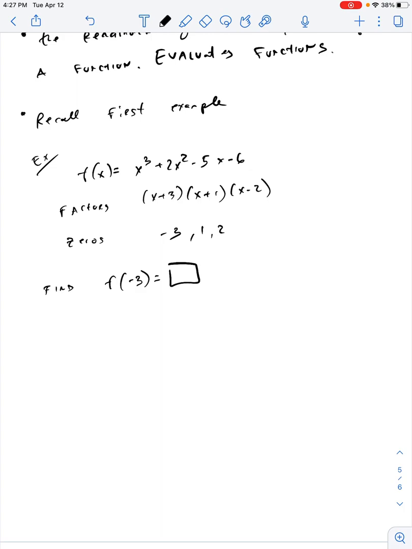In other words, find the y value. All right, so we evaluate it. Negative 3 to the power of 3 plus 2 times negative 3 to the power of 2 minus 5 times negative 3 minus 6. What does that give us? You just put that in our calculator.